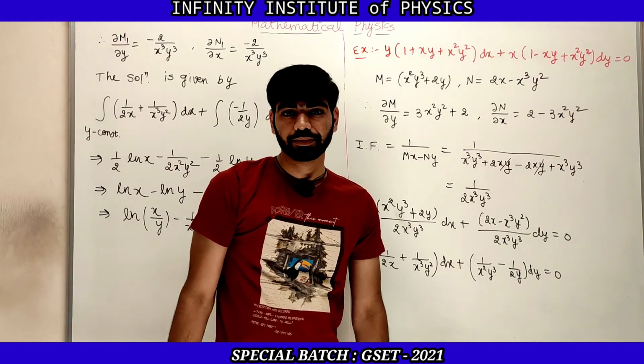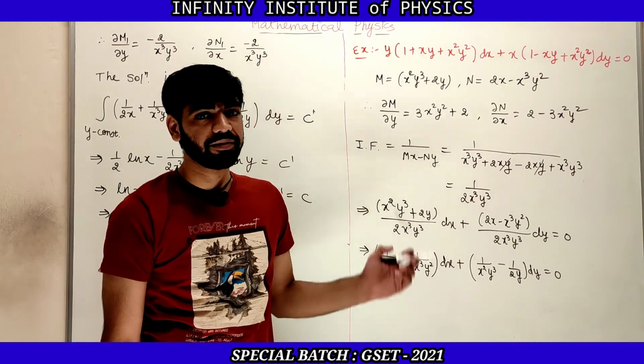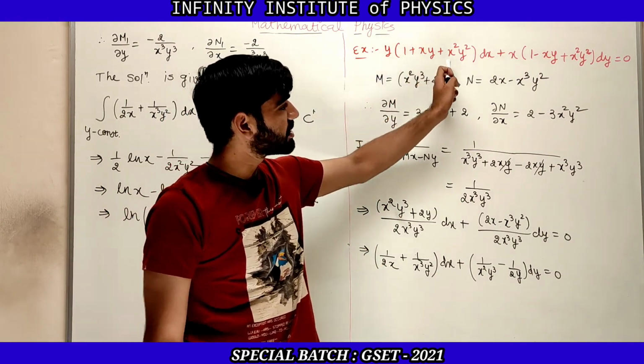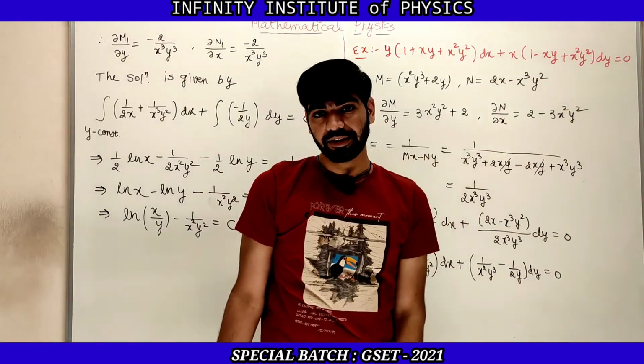So again, this is the same as the given form, y into f1 of xy dx plus x into f2 of xy dy is 0.